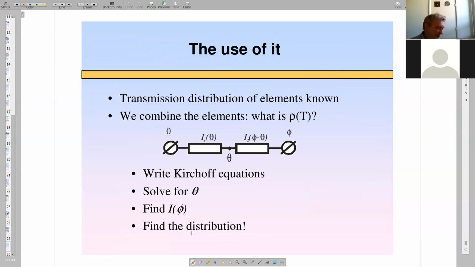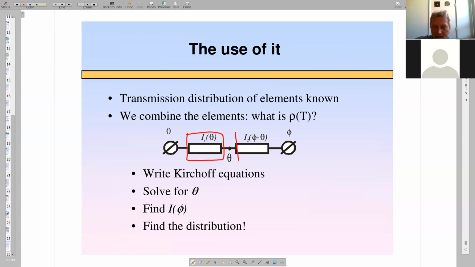How to implement circuit theory? I will talk more about circuit theory in the last lecture. Let me just flash what I want to make. I have two elements, each characterized by a function I of phase.